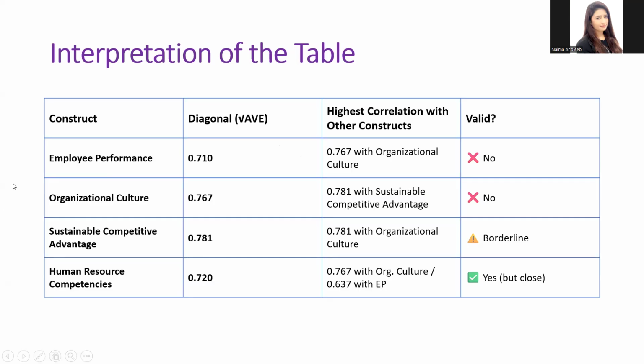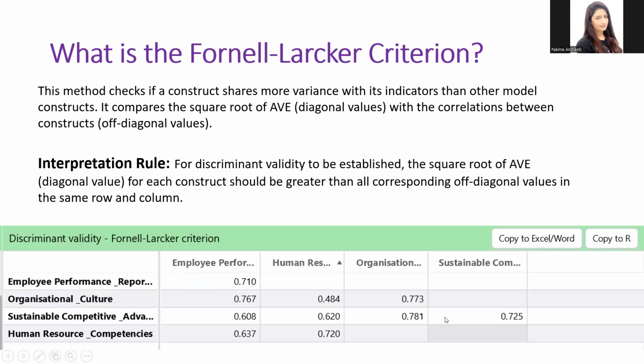Now, the interpretation of that table: for employee performance, the diagonal AVE is 0.710. Its correlation of 0.767 with organizational culture is higher. See, again it's mentioned. And then organizational culture 0.767, and on the other side it is also high: 0.787 with sustainable competitive advantage is higher.